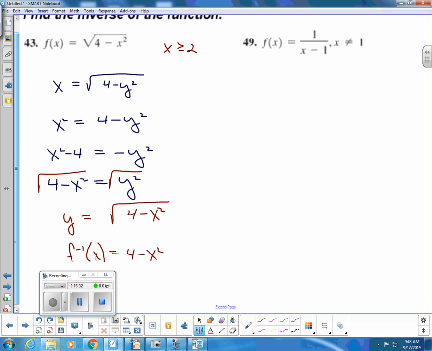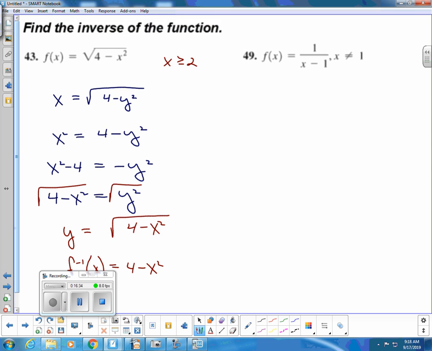On the other side, we're going to switch. So this is going to be x equals 1 over y minus 1. We're going to cross multiply to get that y off the bottom. Cross multiply, then we're going to divide by the x, and then we're going to add 1.